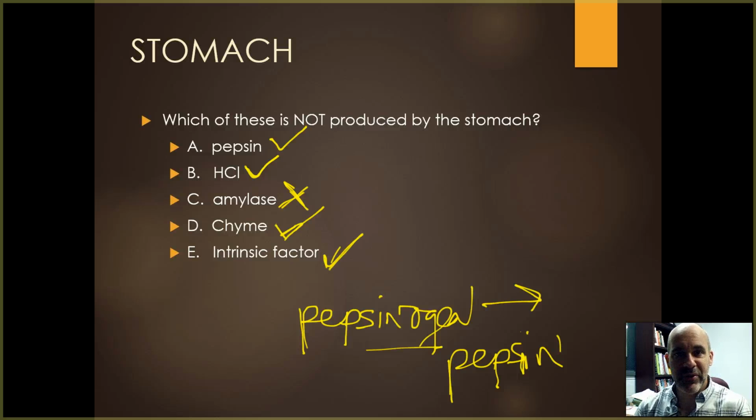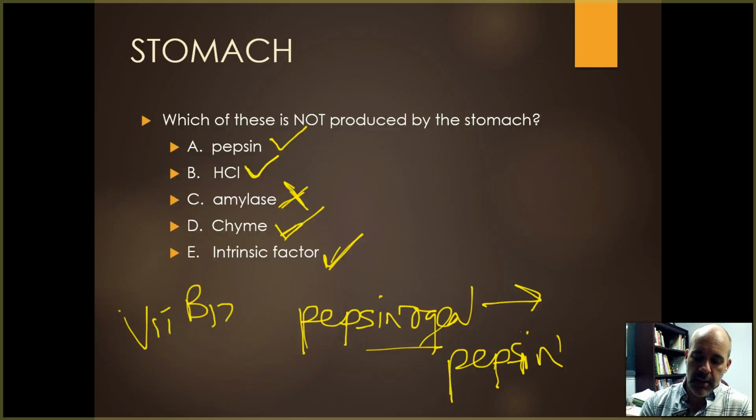That is actually produced by cells along the stomach lining. Do you remember from going way back in Unit 2 what that is? Intrinsic factor is made by the stomach, and it is necessary for you to be able to absorb vitamin B12 along your intestinal lining.